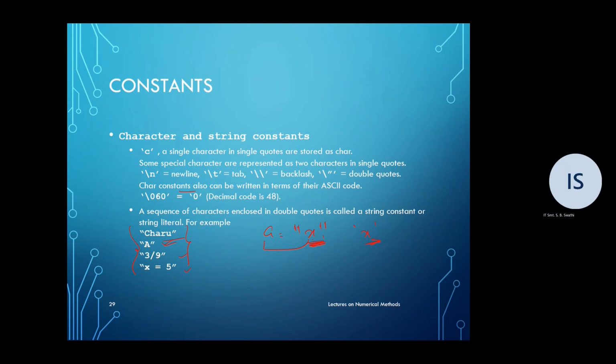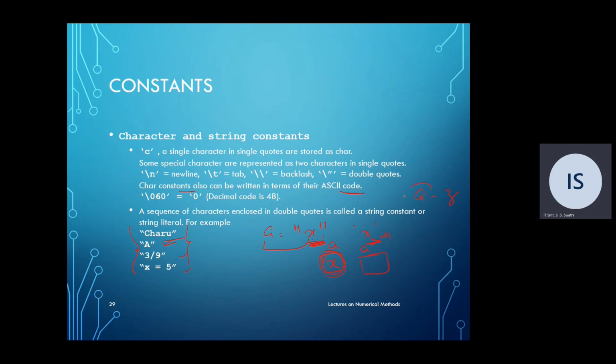So in the memory, a will be stored, and what is the value of a? The value of a is x, so it will be stored in this manner. And an equivalent value for x will be there, that is a machine level code, which is called the ASCII value for x. So x will have some meaning with respect to the processor. It will store x as related to some number, which is called the ASCII code.